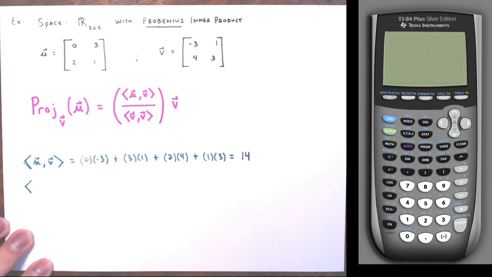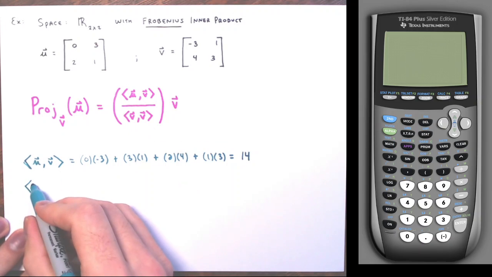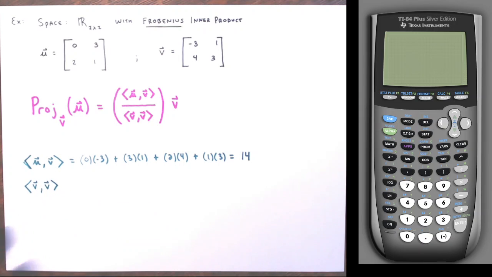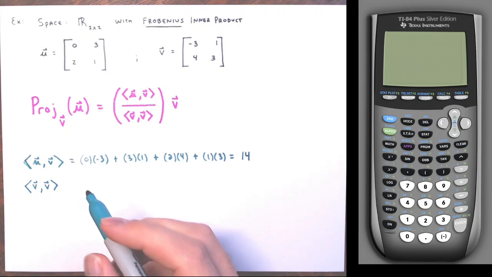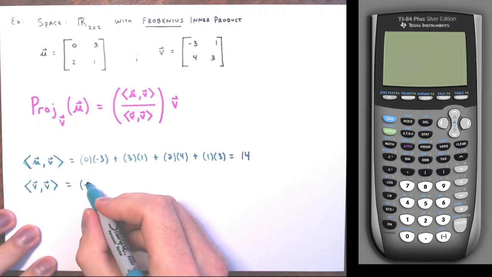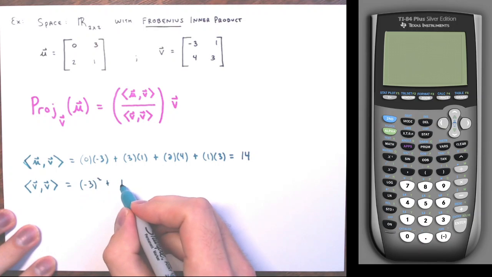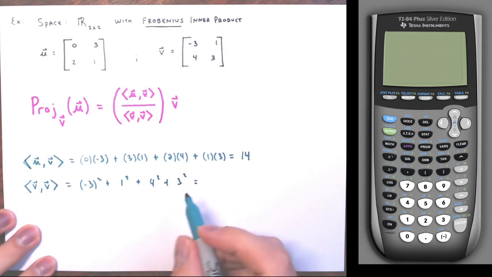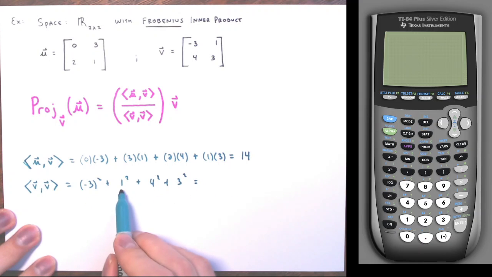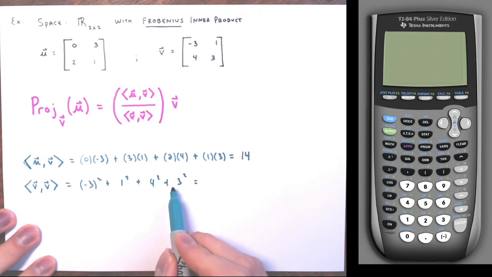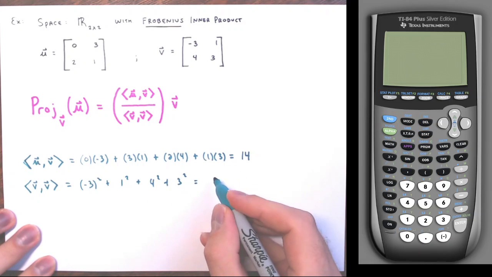All right, and then what's the denominator of this scalar, the inner product of the vector you're projecting onto with itself, v with v. This is just all these squared added up, right? Negative 3 squared plus 1 squared plus 4 squared plus 3 squared. So that's 9 plus 1, that's 10, plus 16 is 26, plus another 9 is 35.